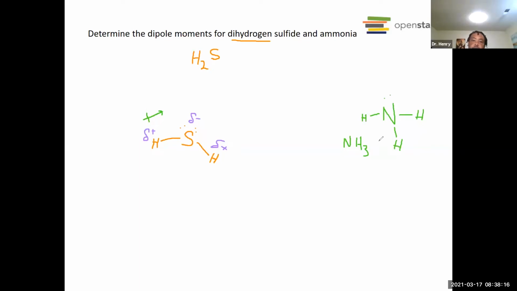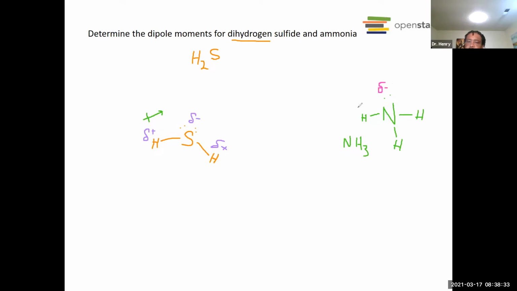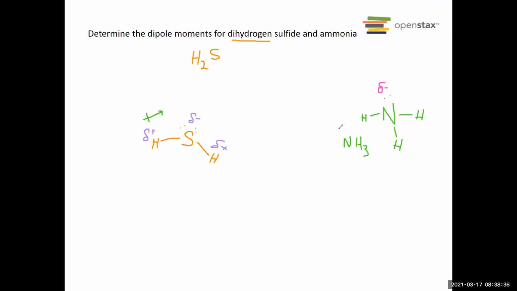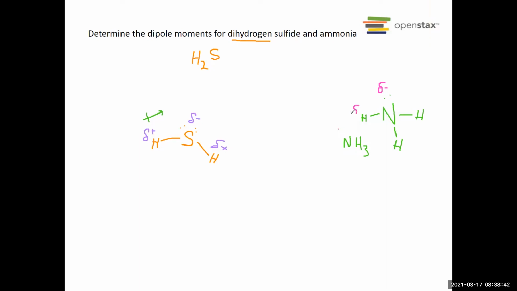Okay, beautiful. So who's going to be partial positive? Who's going to be partial negative? Partial negative, I would assume it's nitrogen. Okay. And why do you assume that? Because of electronegativity. Okay. So then by default, who's going to be partial positive? The hydrogens.